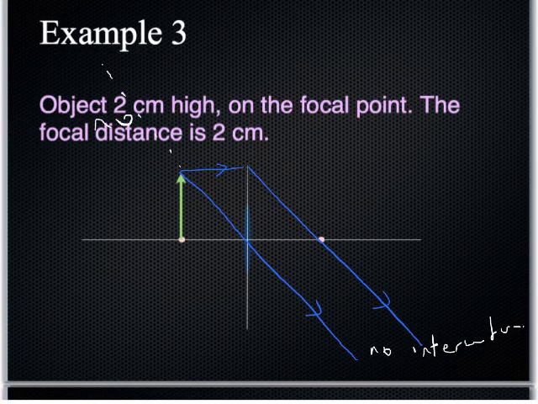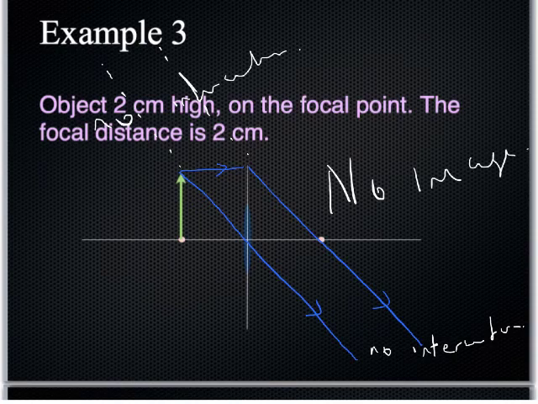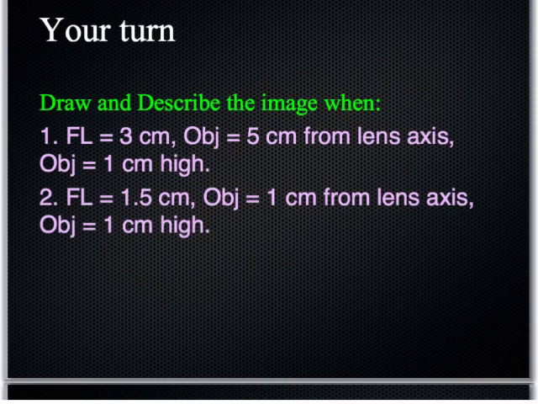If we project it back, they're going to be parallel. So there is no image. It'll just be all blurry. And your turn. You can now do these, 2 of them.